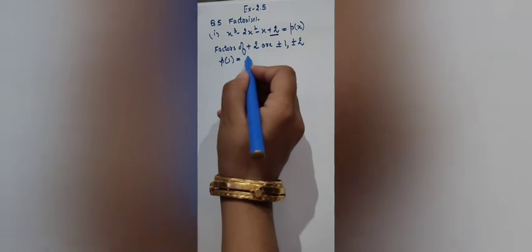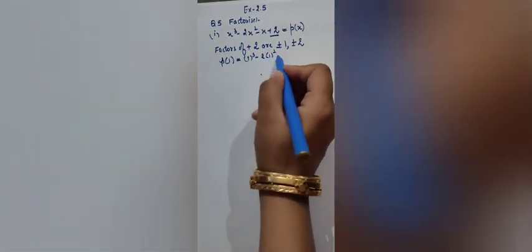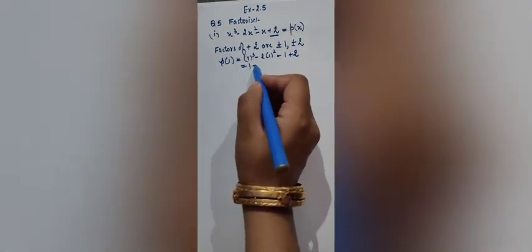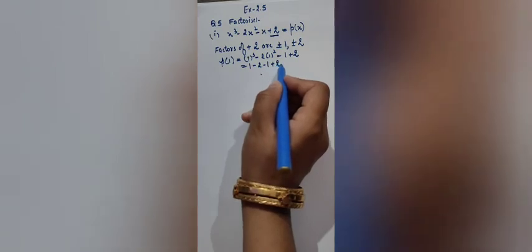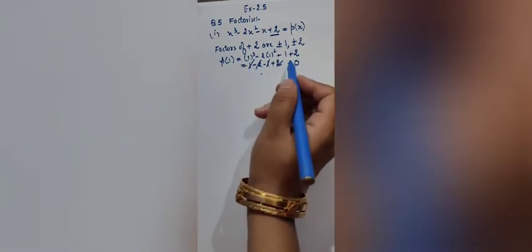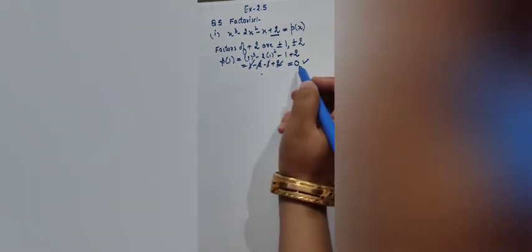P of 1 is equal to 1 cube minus 2 into 1 square minus 1 plus 2 here. So it will be 1 minus 2 minus 1 plus 2. 1 and minus 1 will be cancelled, minus 2 and plus 2 will be cancelled, so I will get 0 here. Now you can see that my remainder is 0 here.